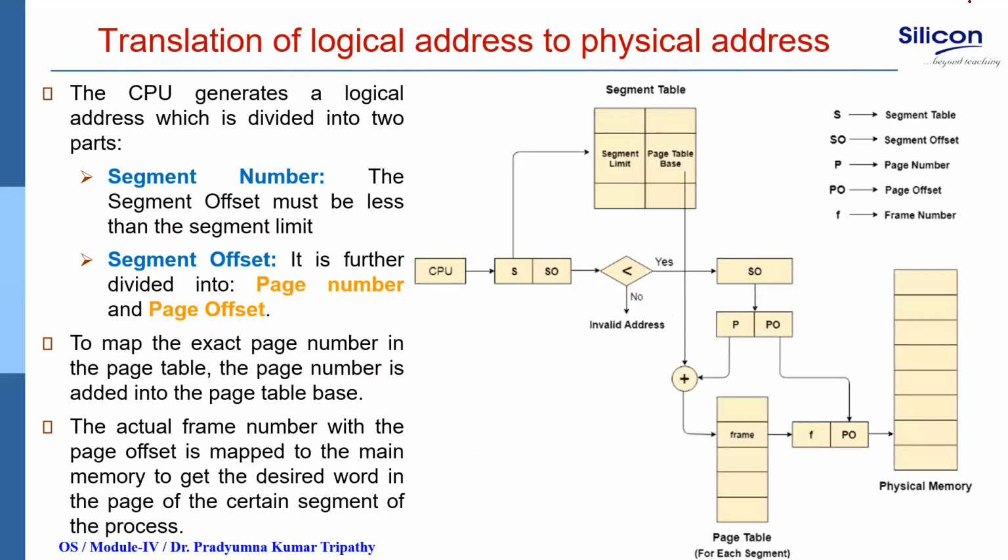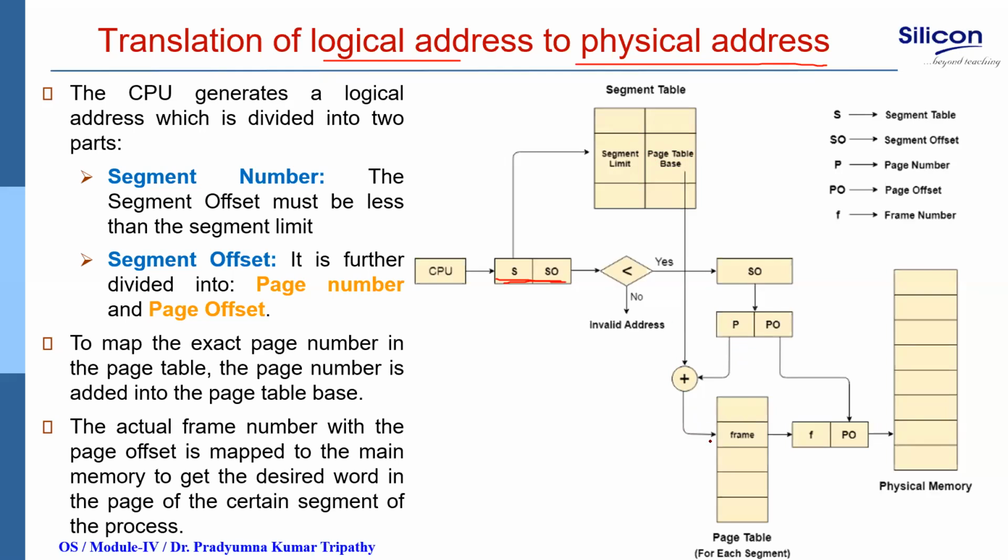Just see over here. Translation of logical address to physical address. Logical address means generated by the CPU. Physical address is the actual address in the memory. So the segment number and segment offset are generated. It goes by the segment number to the page table base register, the page table address.